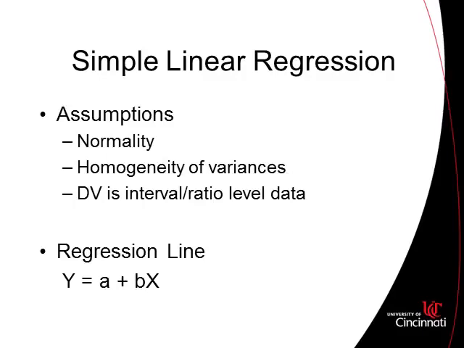So a regression line is what you're going to get out of the output, and that is going to help you with predictions. So in the regression line, your y is your dependent variable, your a is a constant that you're going to get from the output, your b is a slope that you're going to get out of the output, and your x is your independent variable. So we'll go through an example and I'll show you where you get each of these numbers.